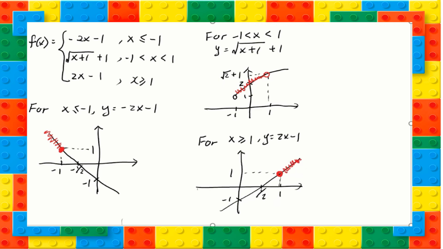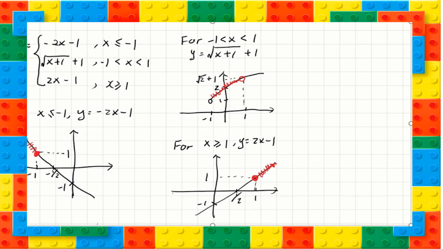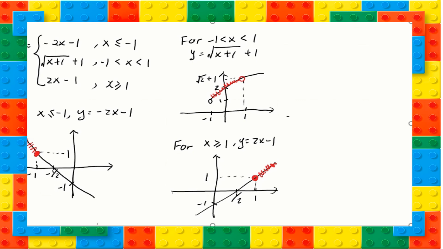Now we can combine all these graphs into one single graph. To do that, first we mark the x-axis and y-axis. For the first graph, when x is negative 1, y is 1. The first graph is linear where x is less than negative 1, so we take from the first graph.